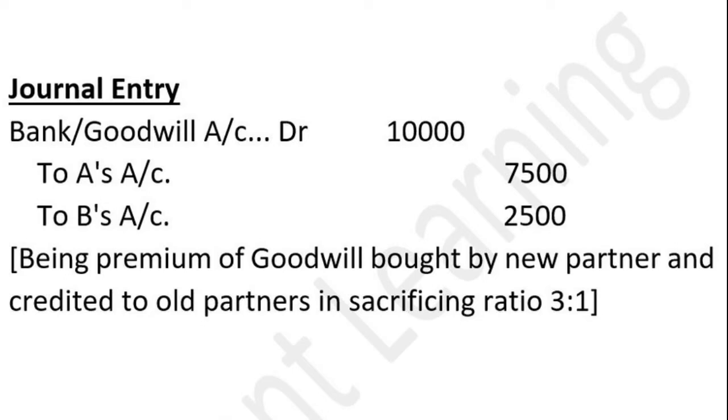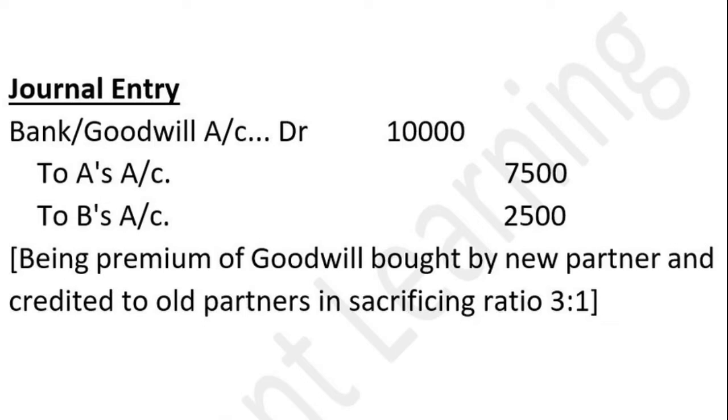So we pass a journal entry, that is bank account debit because we receive goodwill in cash, or goodwill account debit, whatever you want to write you can, to A's account, to B's account. A is an old partner and B is also an old partner, and we divide 10,000 in the ratio of 3:1, that is 7,500 and 2,500.